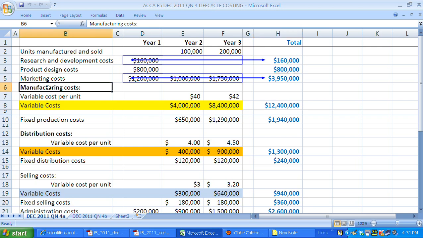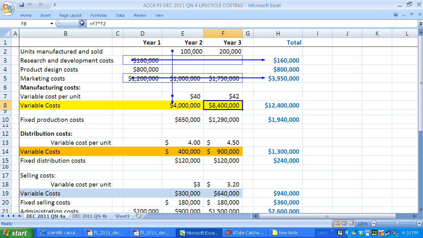For manufacturing costs, we've been given the variable costs per unit. That means to get the variable costs in year 2, I simply multiply the number of units times the variable cost per unit. So you get 4 million US dollars.